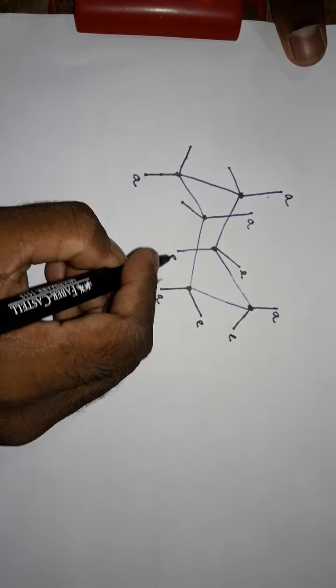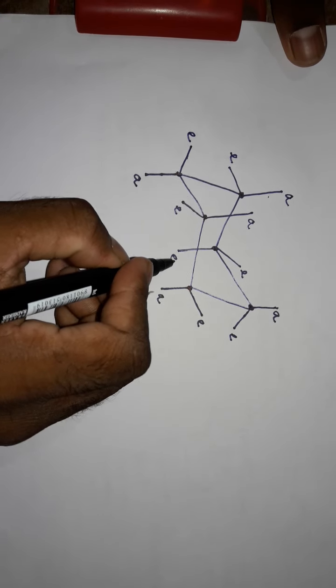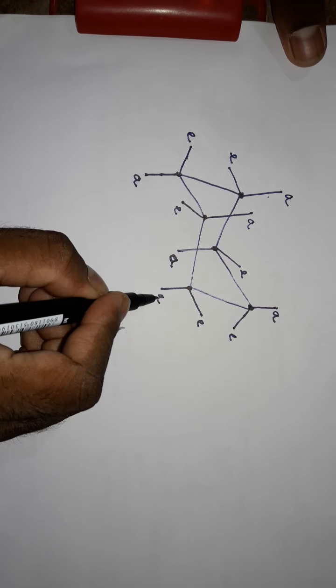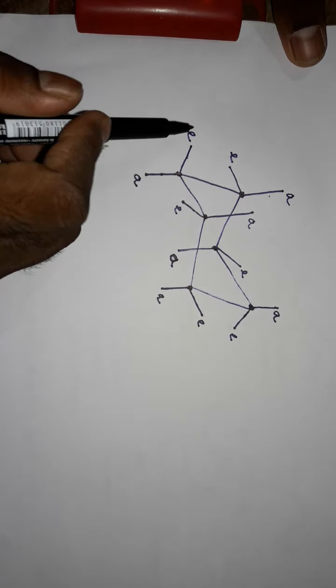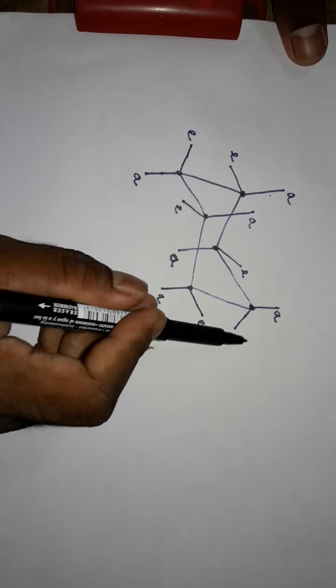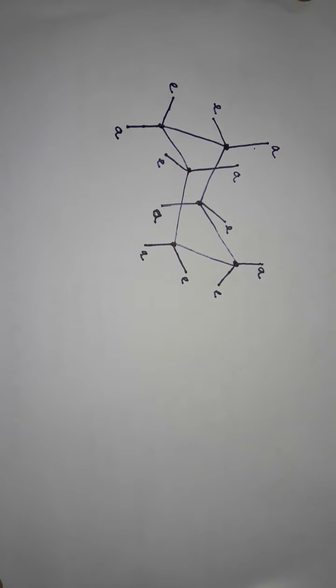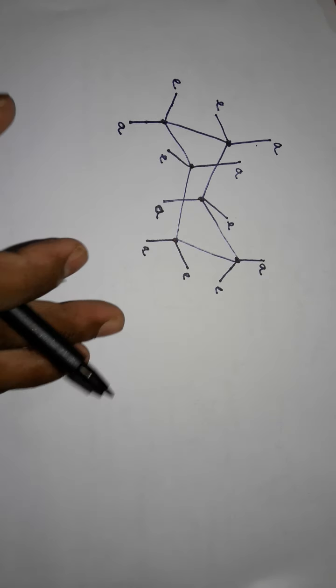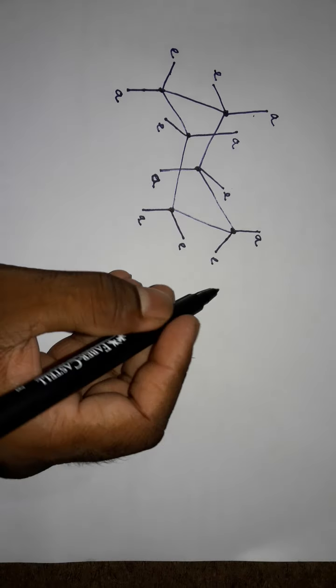So there are 6 axial bonds, 1, 2, 3, 4, 5, 6, and 6 equatorial bonds, 1, 2, 3, 4, 5, 6. Okay. So this is how we need to draw the chair conformation, which is the most stable conformer.